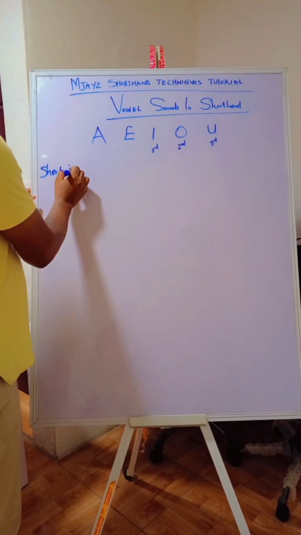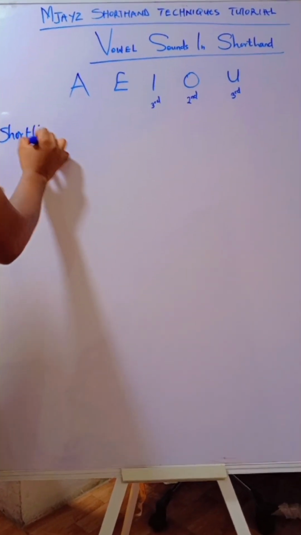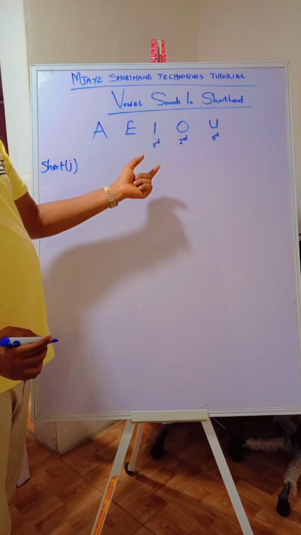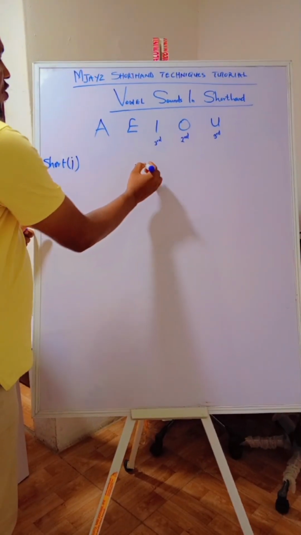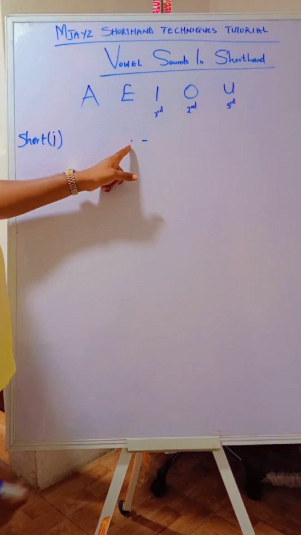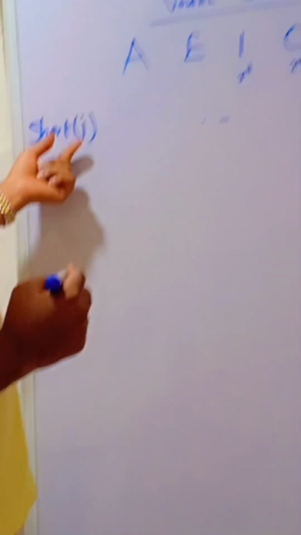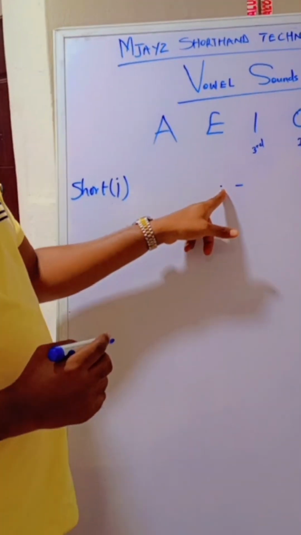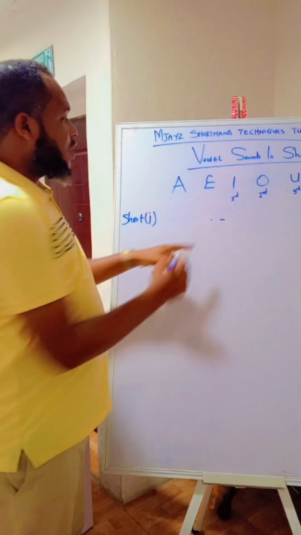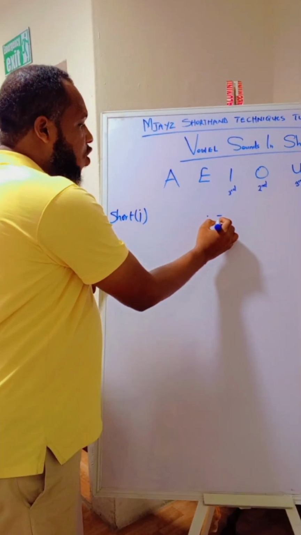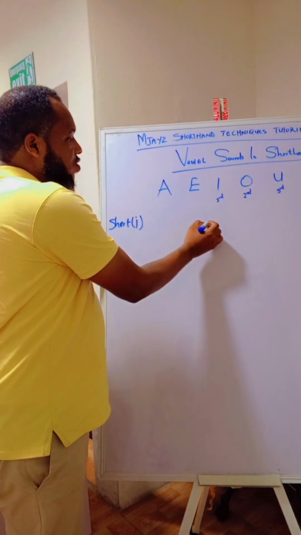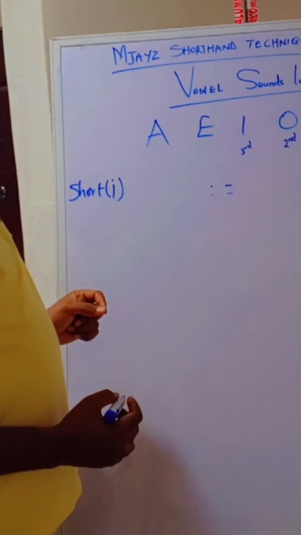Like I said initially, vowel sounds are represented using dots or dashes. They could be light dot or light dash, and heavy dot or heavy dash.